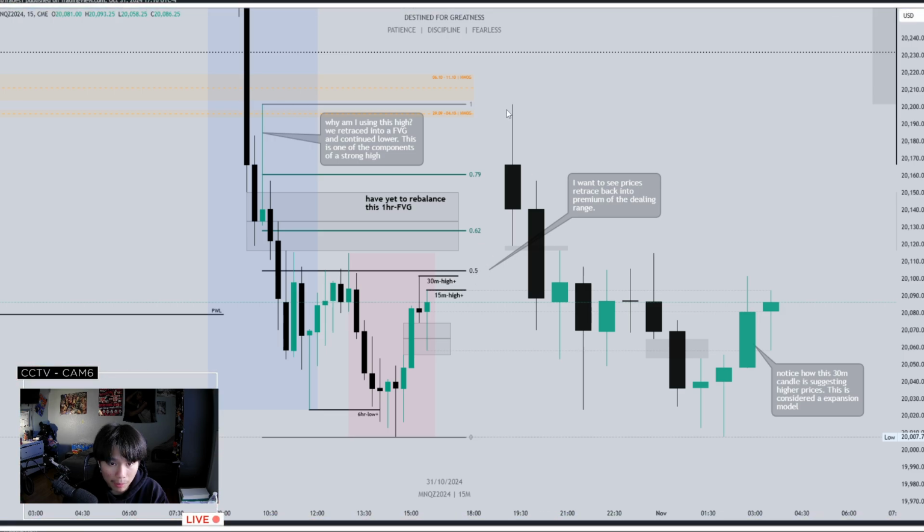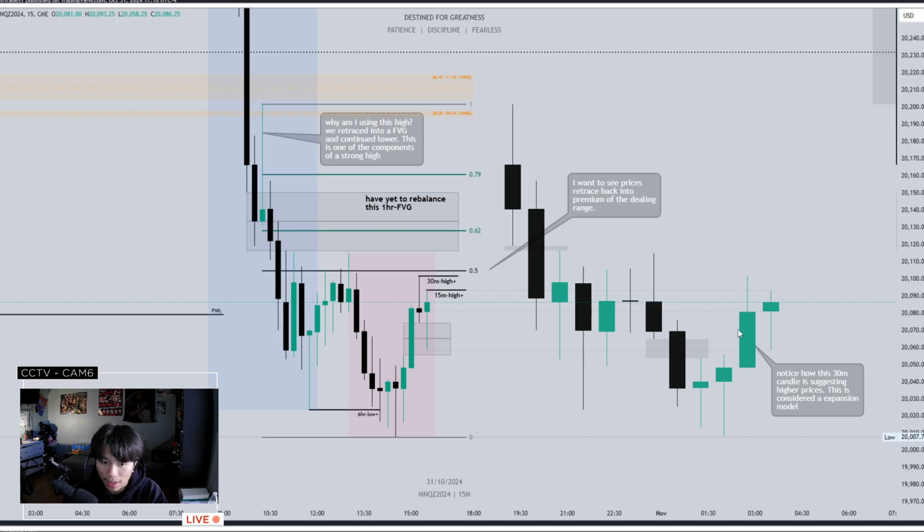Anything above this 50% is premium, and anything below is considered discount. The higher time frame objective for me in this specific trade is for us to take out this 30-minute candle's high. Notice how this 30-minute candle is suggesting higher prices. I want to see us take out the 30-minute candle's high.